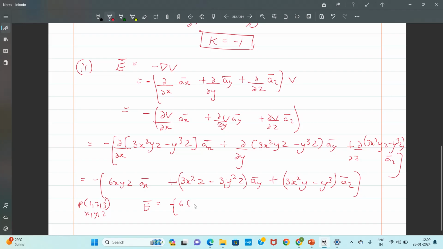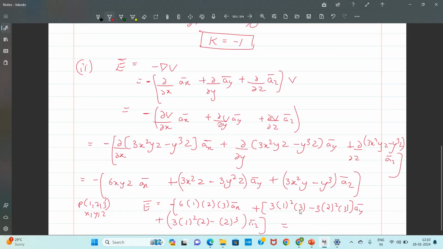So you just have to substitute those values for x, y, z. So 6 into x is 1, y is 2, z is 3. Next term, 3 into x is 1 square, z is 3, minus 3 into y is 2 square into 3. Okay, this into ay, plus 3 into 1 square into 2 minus 2 cube in az direction.